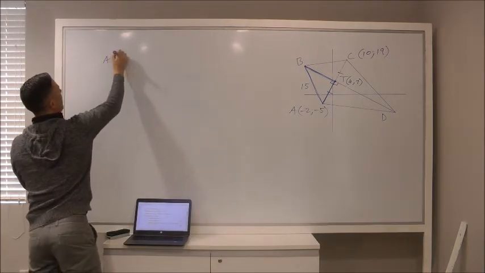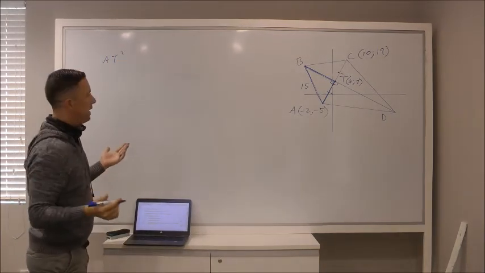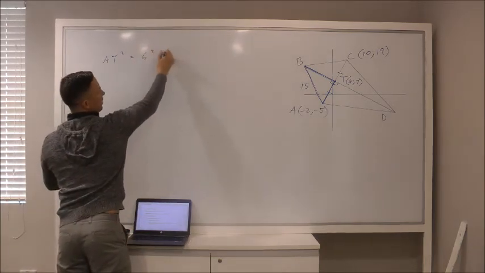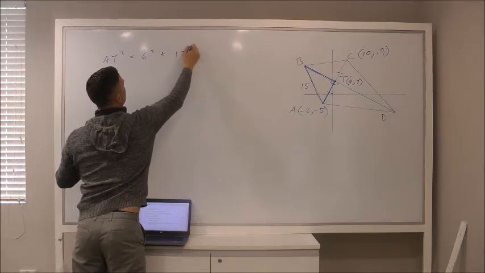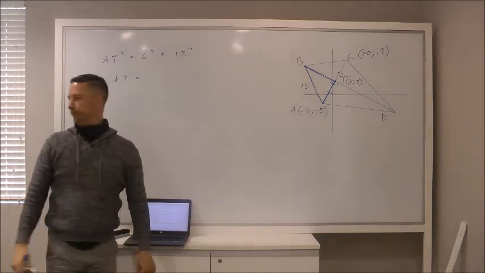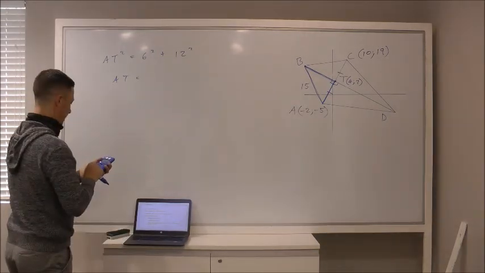Right, so remember the distance formula is basically Pythagoras. So AT squared, the change in x squared, 6 squared, change in y squared, 12 squared. Add that and square root it. There's my calculator.